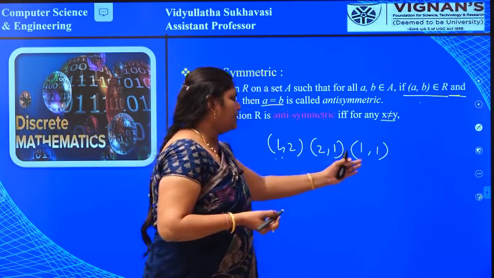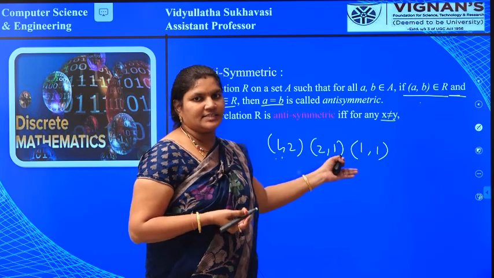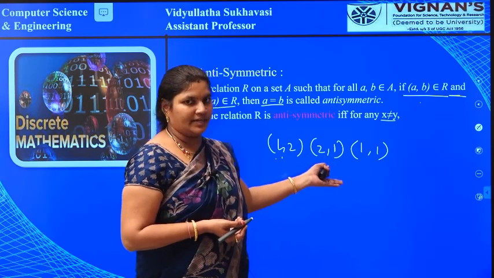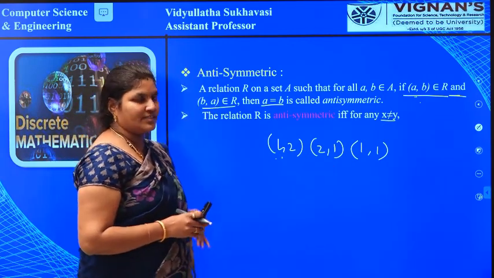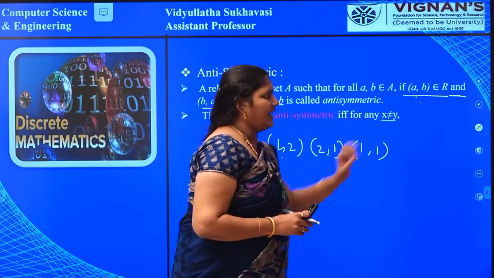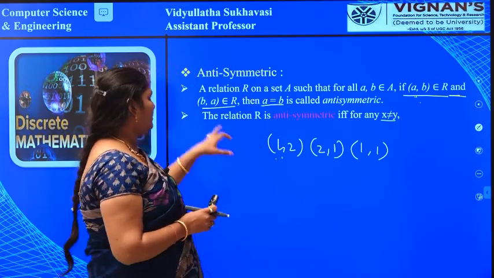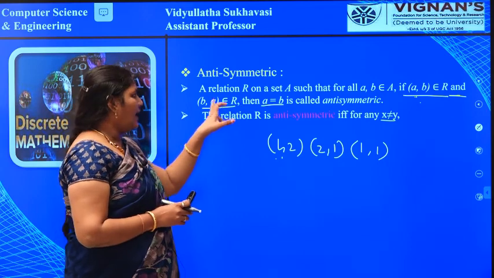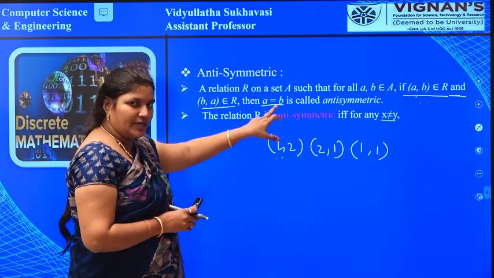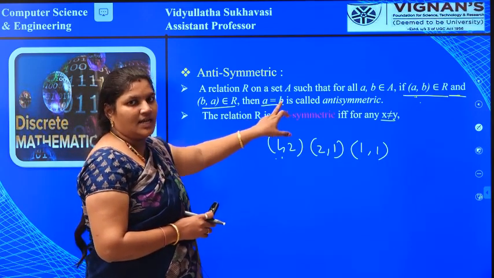That means if it is not equal also, in some cases it is antisymmetric. The main condition we check for antisymmetric is A comma B belongs to R and B comma A belongs to R. Along with that, if A equal to B, then we can say that it is antisymmetric.